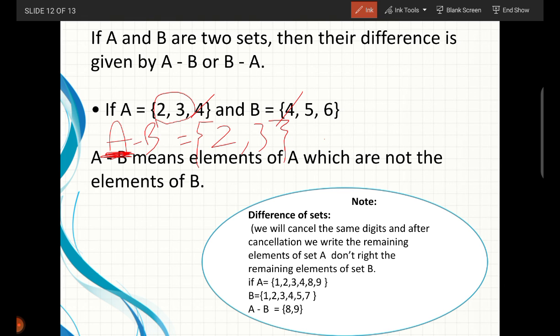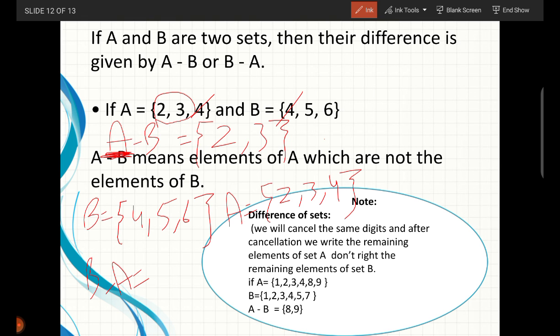Suppose with the same sets you have to find B difference A. You write the B set first, 4 5 6, and the A set here. The same method: you cancel the same element, and because you are finding B difference A, the first priority should be on B. So which are the left elements? 5 and 6.